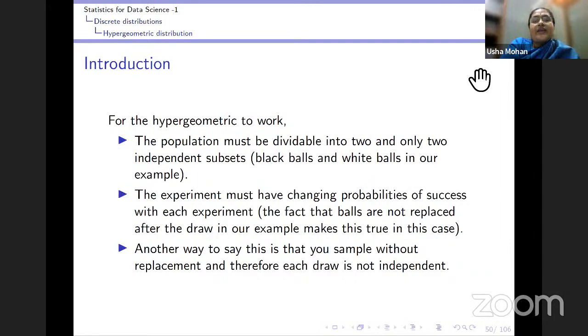Suppose I have n, which is the total. Here, how much was n? 7, right? I have divided this into m and n minus m. I had 4 black balls, and 7 minus 4, 3 white balls.